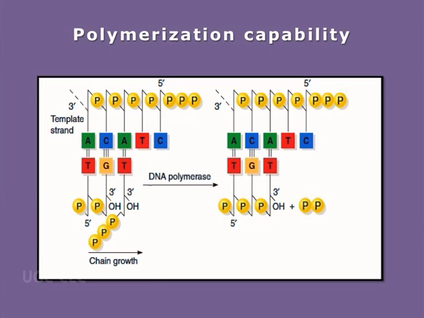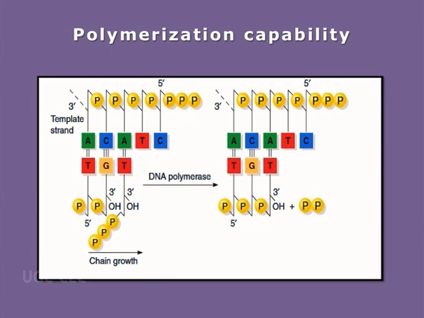At the 3' end of the DNA chain, the incoming nucleotide is added. So the polymerase enzyme is capable of adding nucleotides only to the 3' end of a growing nucleotide chain. This is conserved in both prokaryotes as well as eukaryotes.